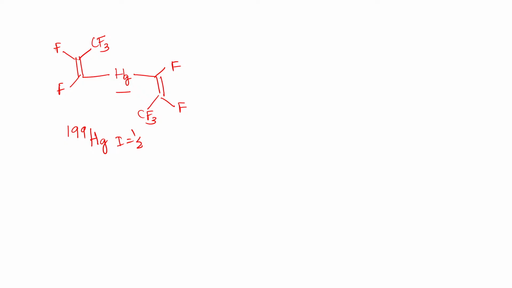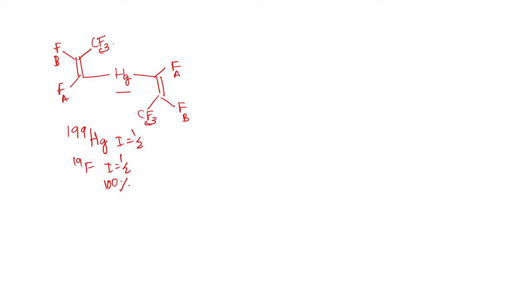So now we have to see what other nuclei it can couple to. Now we have fluorine here. Of course, fluorine 19F, I equals half, and it is 100% abundant. I have to identify now how many: this is one type, and this is another type, and then another one is there, this C. So there are three types of fluorine atoms.